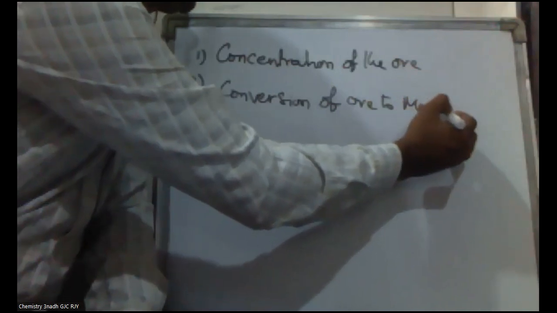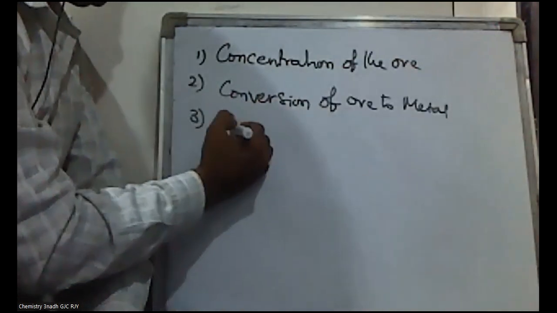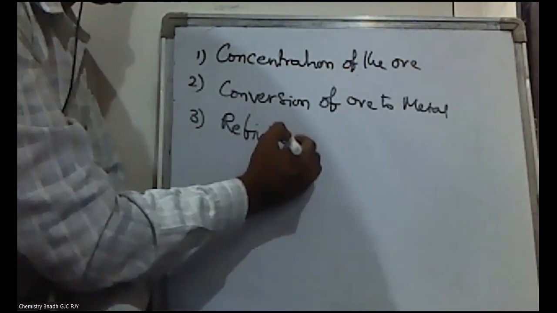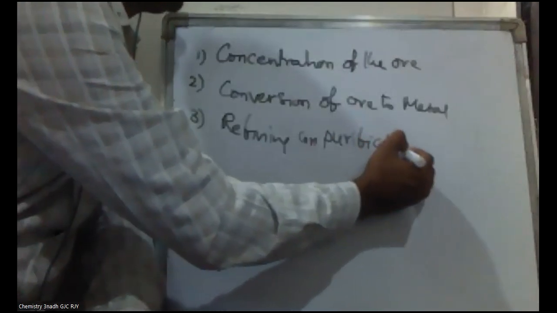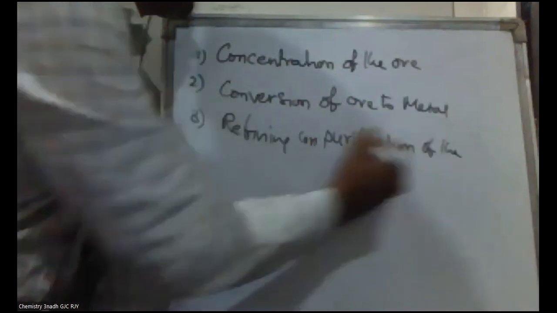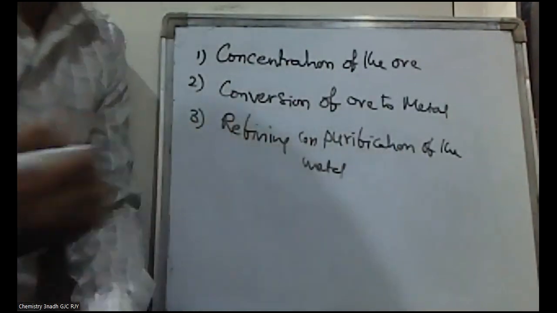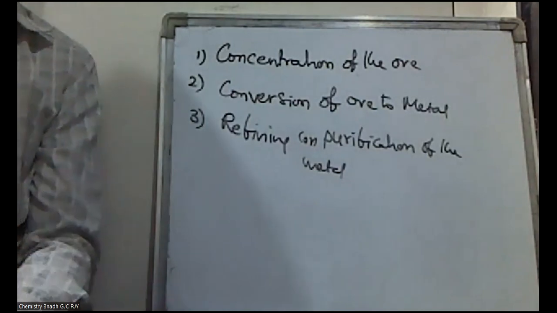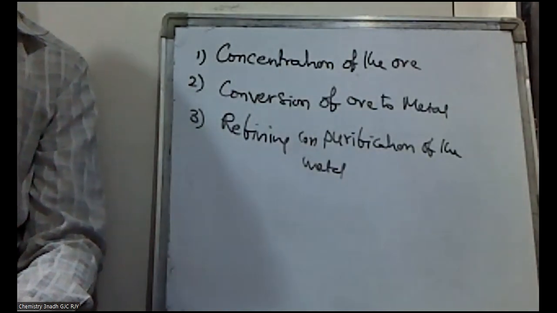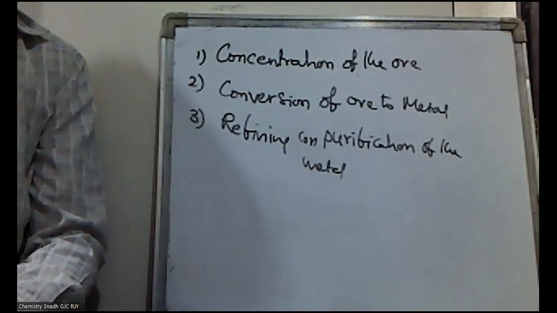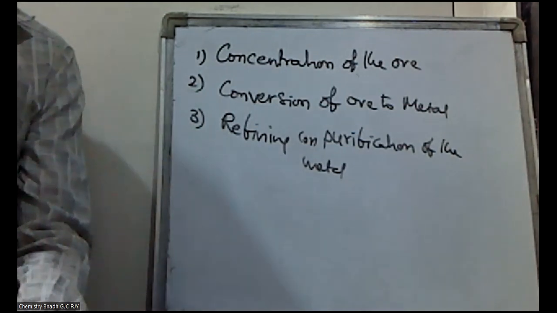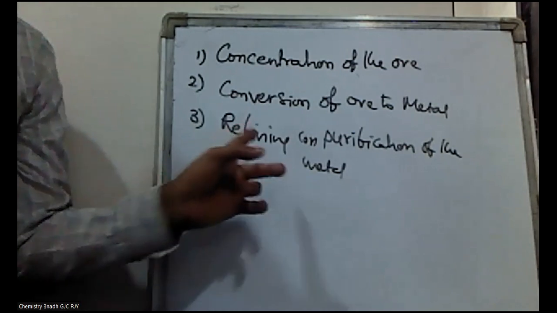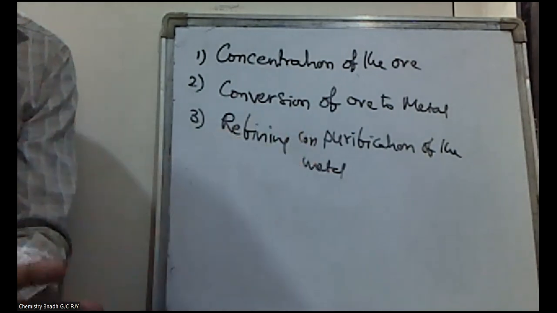And the third step is refining or purification of the metal. Any metallurgical process basically involves three steps: one is the concentration of the ore, second is the conversion of the ore to the metal, and third is the refining of the metal. Means after getting the metal, we need to purify the metal. That is the step, the refining of the metal.